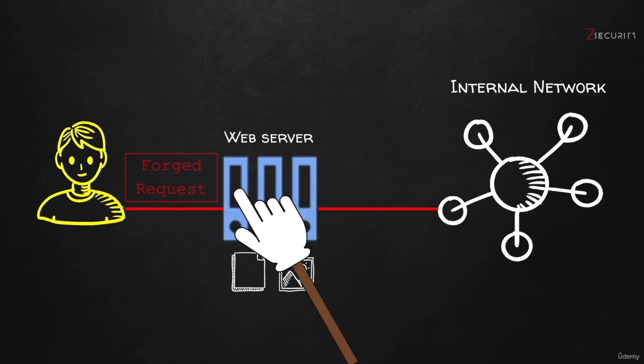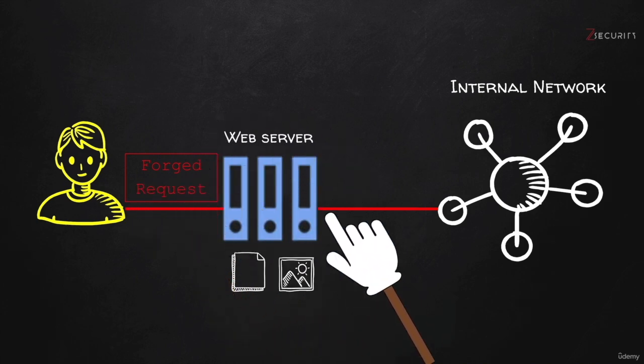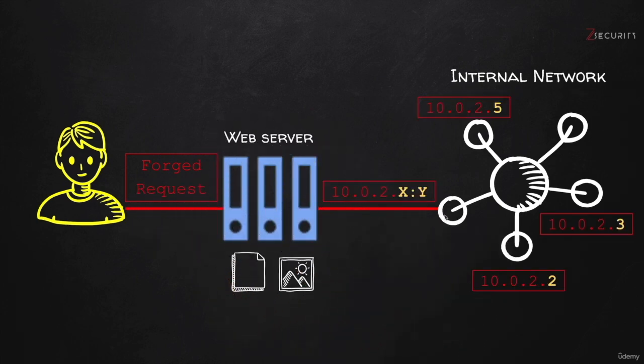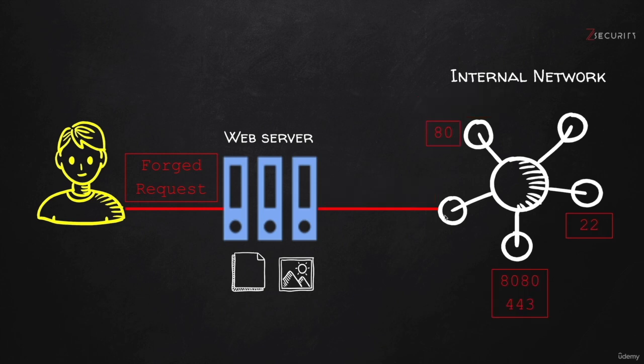You could even send forged requests to this web server to discover the internal network and possibly even discover the open ports or the running services on these ports. And then from there, discover vulnerabilities that these services might have and maybe even gain full control or code execution on the server or one of the clients that are connected to the same network.